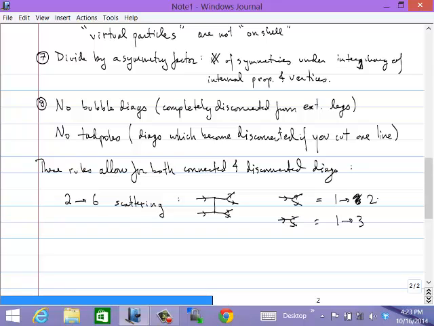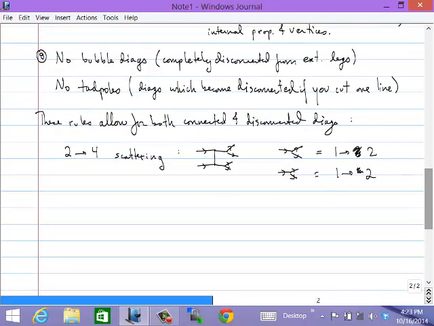I'm sorry, what did I say 2 to 6? I meant 2 to 4. Okay. Sorry, my addition skills are really not on point today. Okay. So in the first case, you have some genuine 2 to 4 particle scattering, and in the second case, you really have just 2 instances of 1 particle decaying into 2.